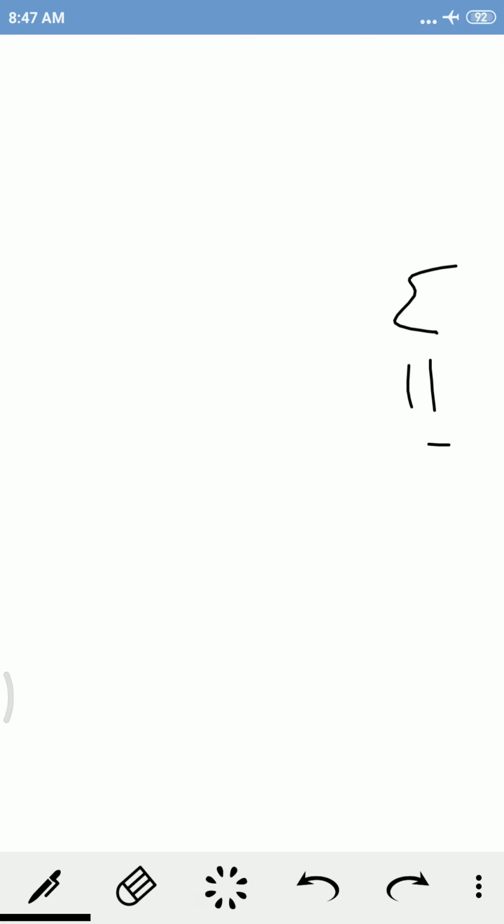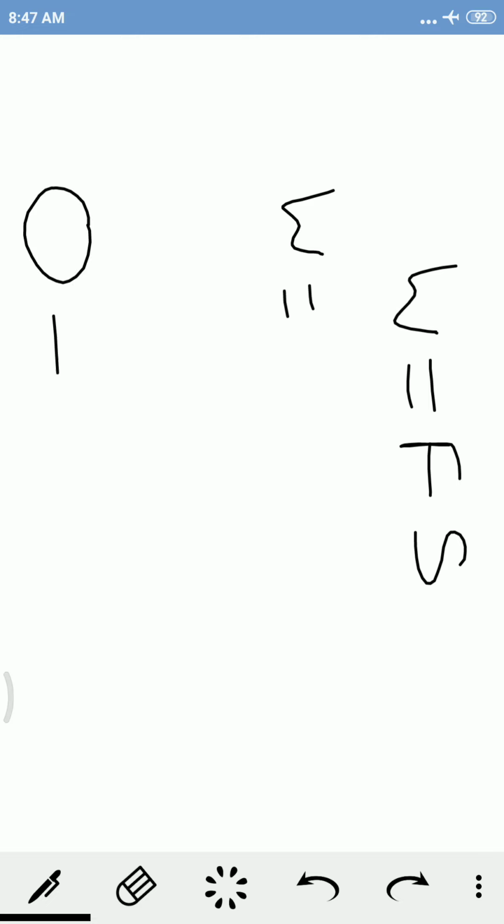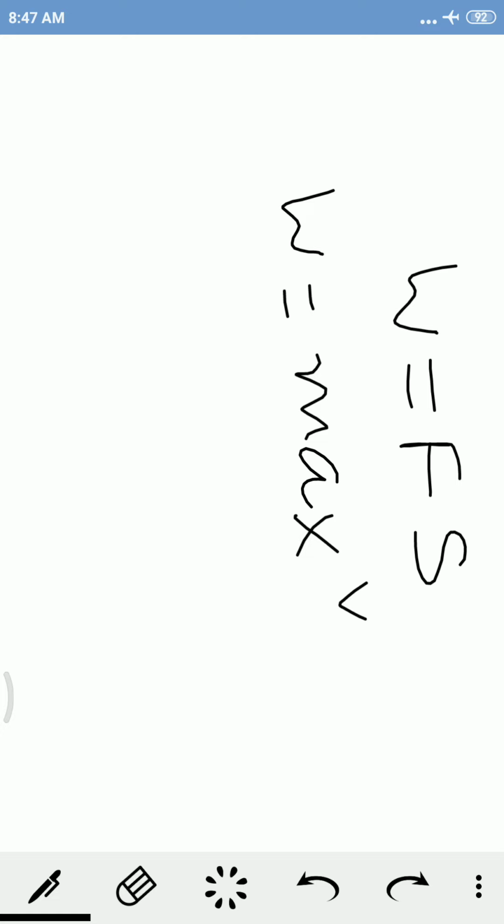We already know. The formula for work done is W equals Fs. Here, the force which we have applied on the ball to change its velocity can be calculated using the formula ma, and s that we derived from the third equation, that is v square minus u square upon 2a.